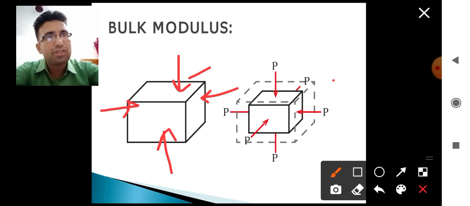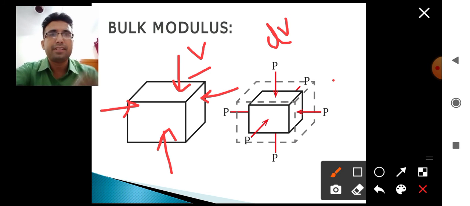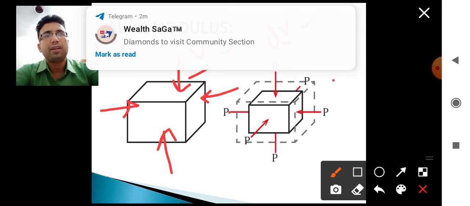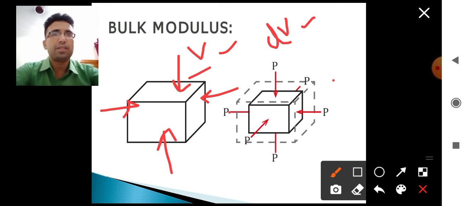The original volume is V, and there is a change in the volume dV due to dP. There is a decrease in the volume, so we are using the negative sign. We simply put dV, V and dP in the formula. So this is known as the bulk modulus.